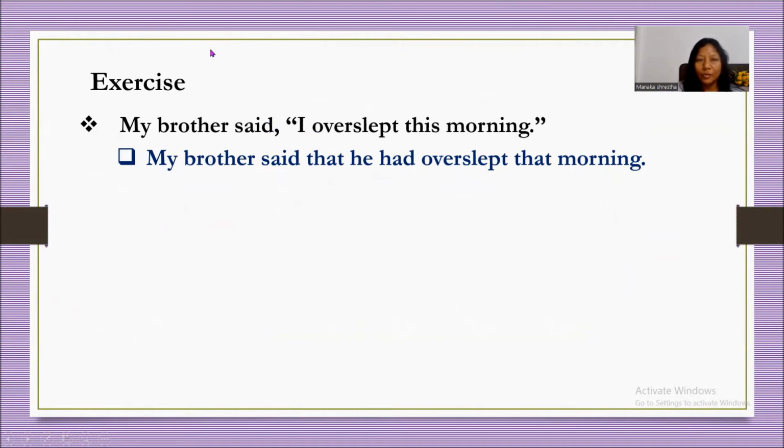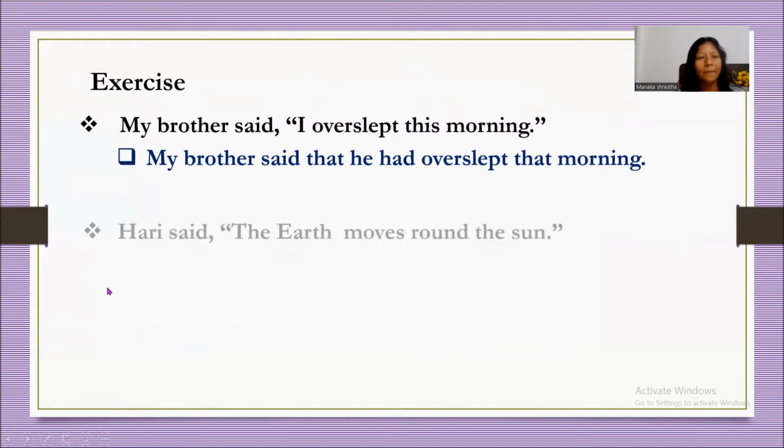I, first person, so we go with my brother, he. And overslept, simple past, changes into past perfect, so had overslept, and this morning changes into that morning. This changes into that, and this is not an adjective, this is not a pronoun. That is why this changes into that.